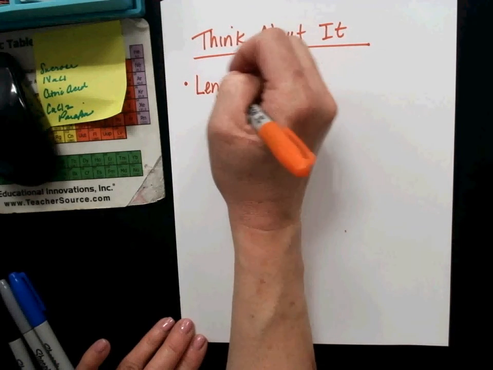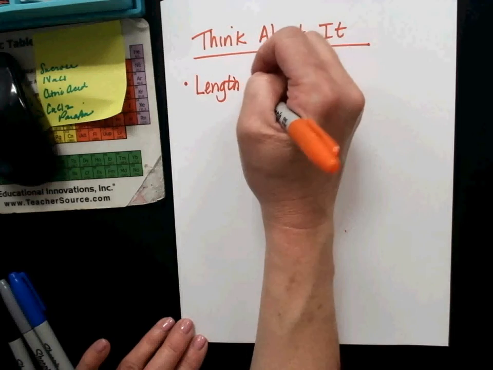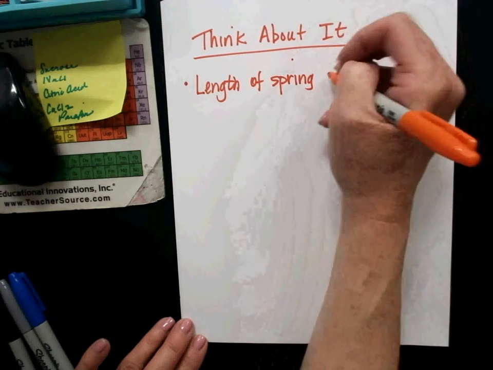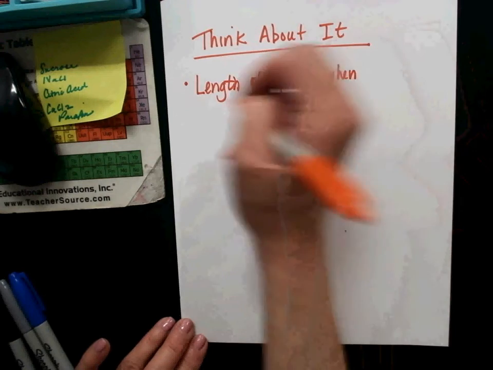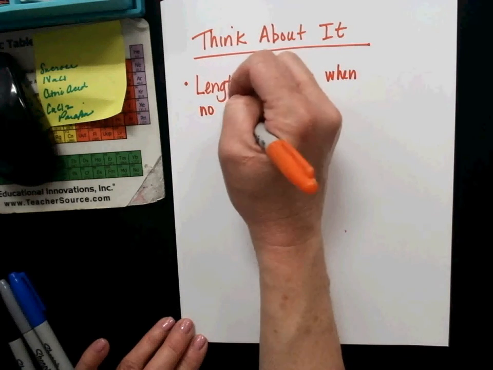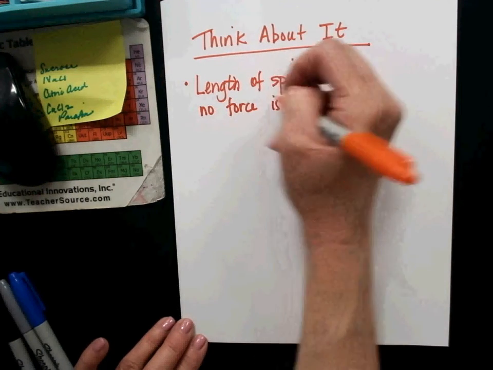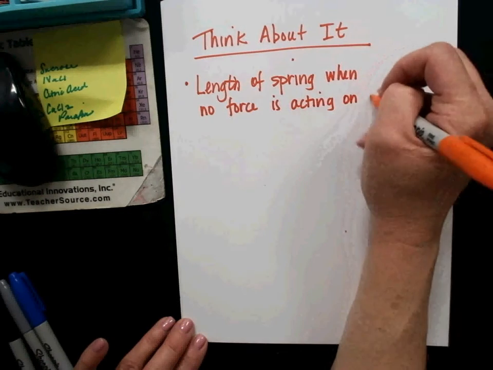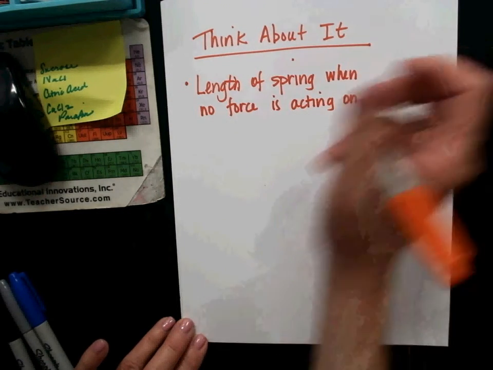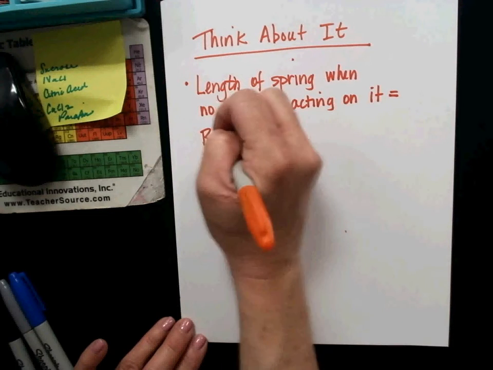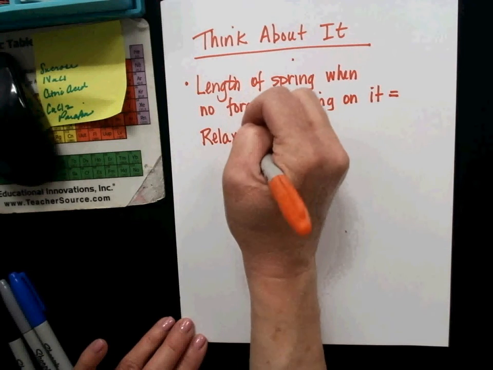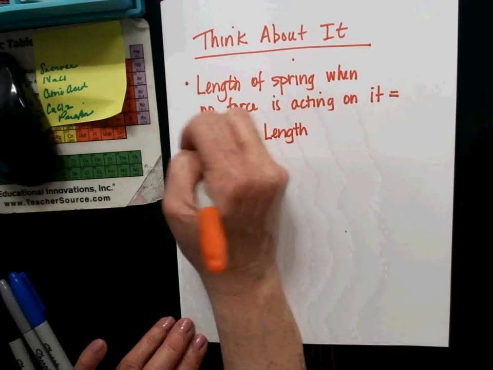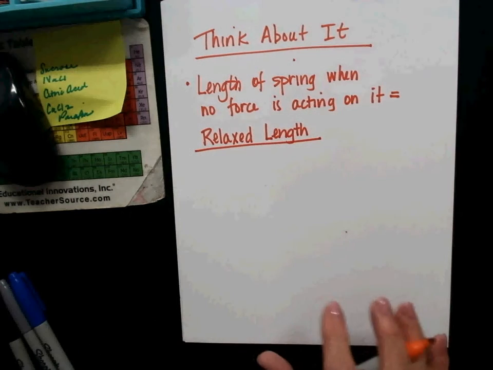We're going to use a spring. The length of the spring when no force is acting on it is called relaxed length. So it's what the spring should normally be.